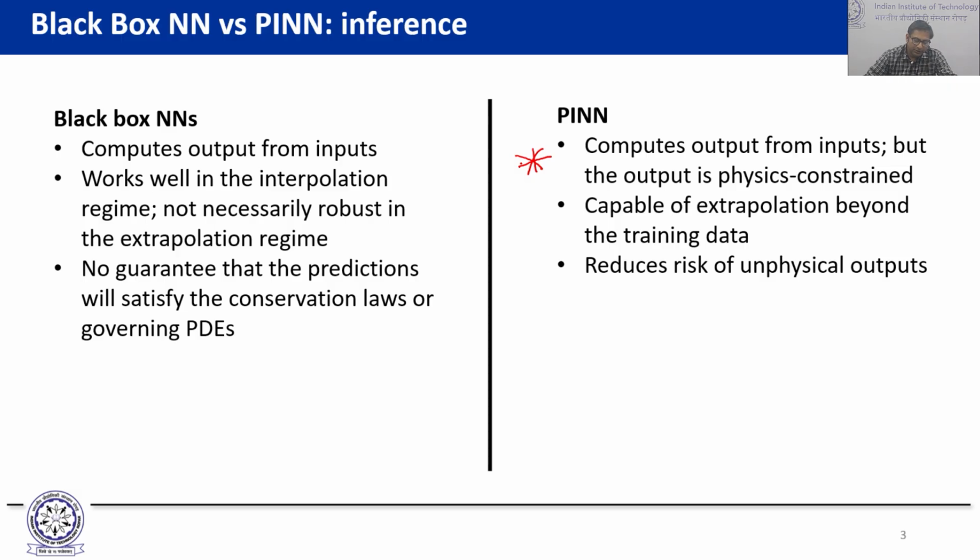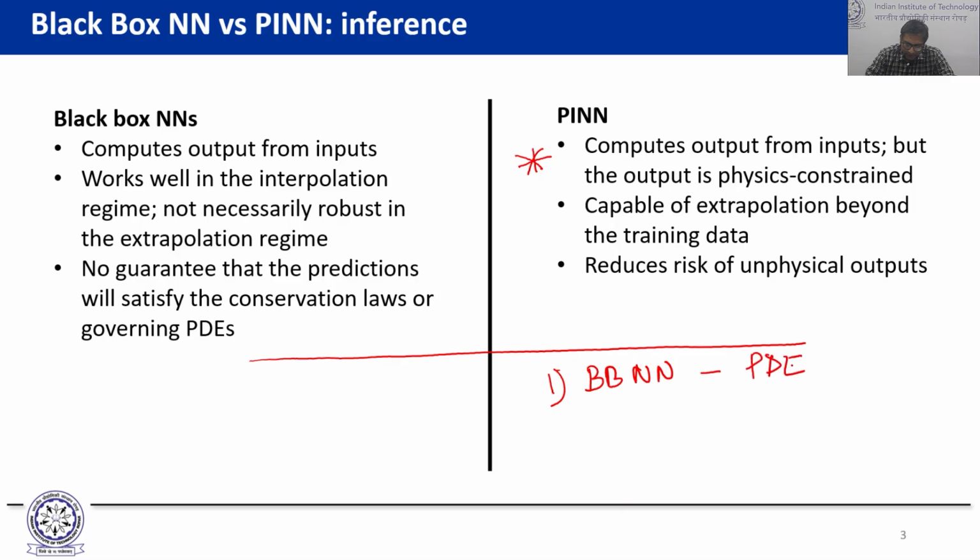Now, in addition to these advantages of PINNs, there are of course some caveats. So for example, if you look at a PINN, because you are essentially running two things, a black box neural network which is paired with something which allows you to work with the PDEs, the PINNs will turn out to be very heavy when it comes to the computational time.